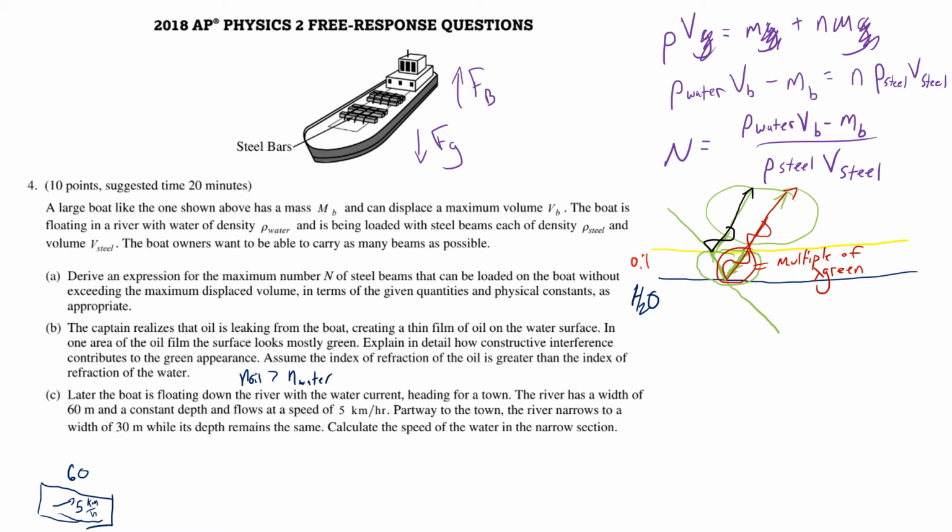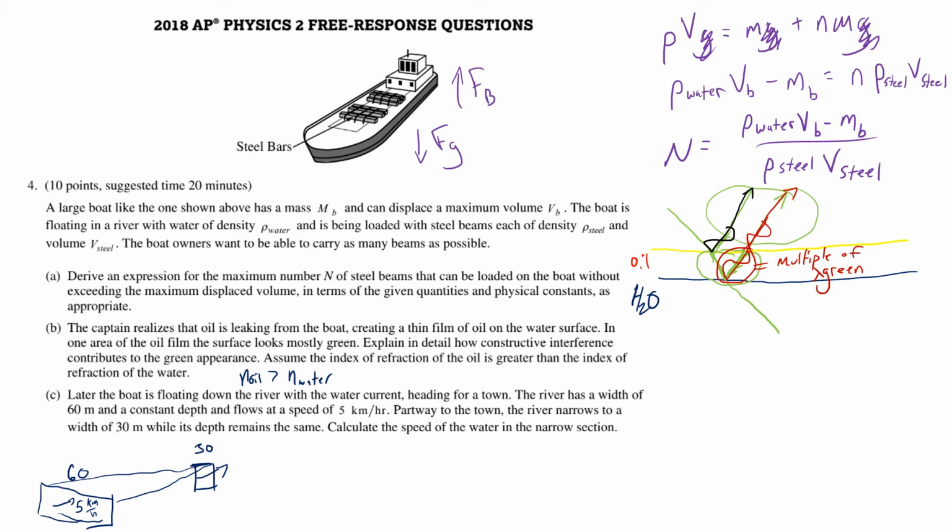Now, as the river goes, it's going to become more narrow. It's going to have a constant depth still because I don't want you to have to mess with that. And it's going to have a width of 30 meters. Well, what's the speed going to be?